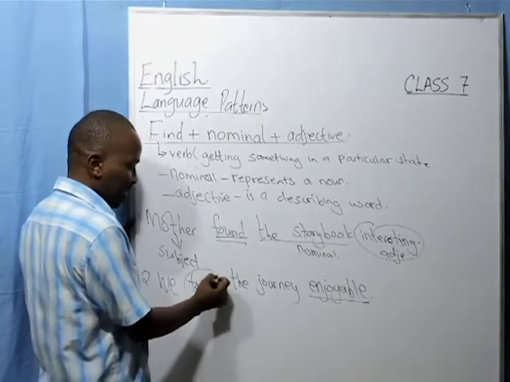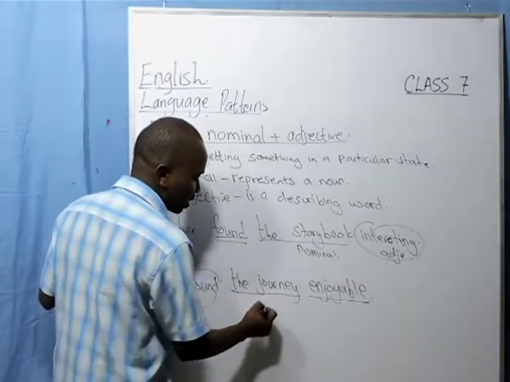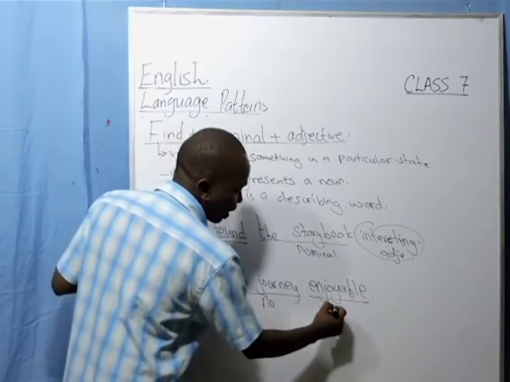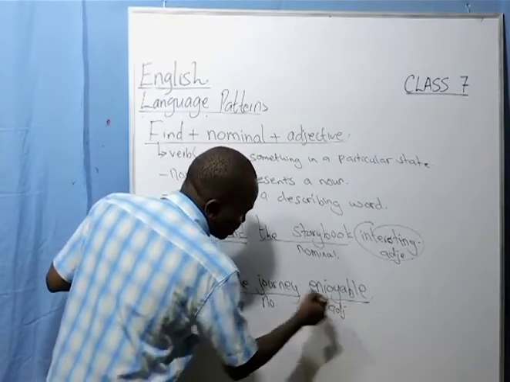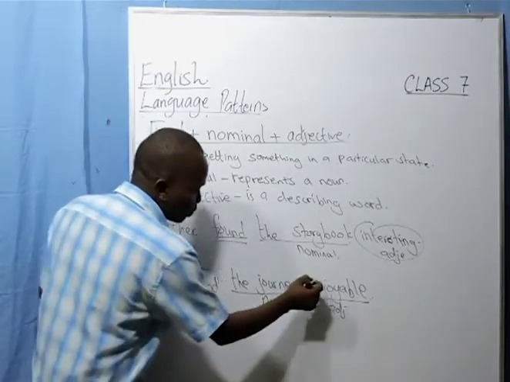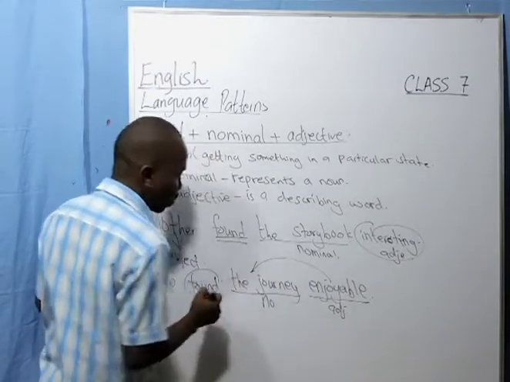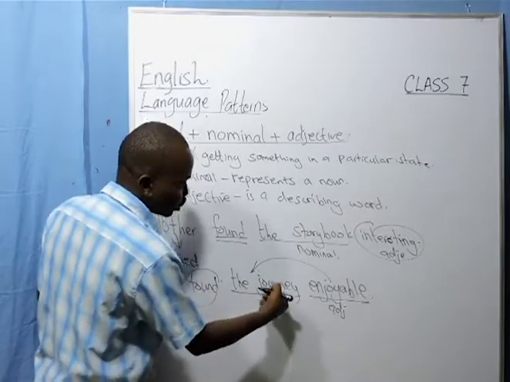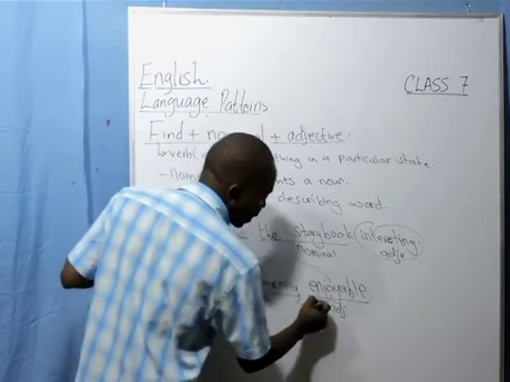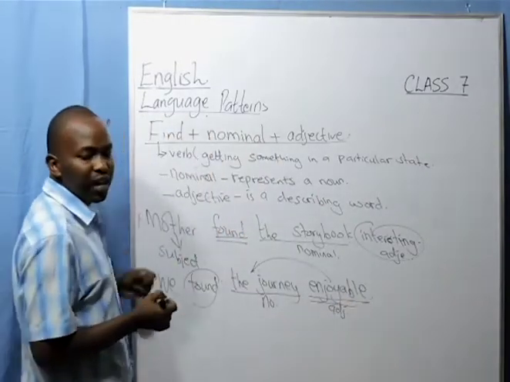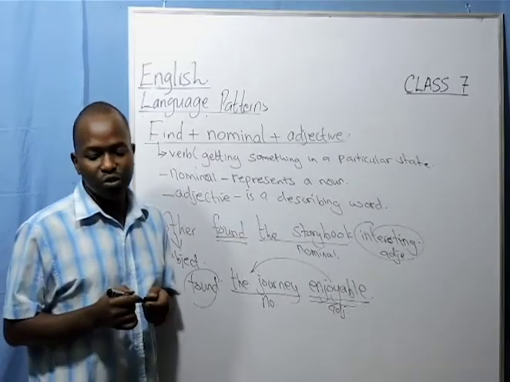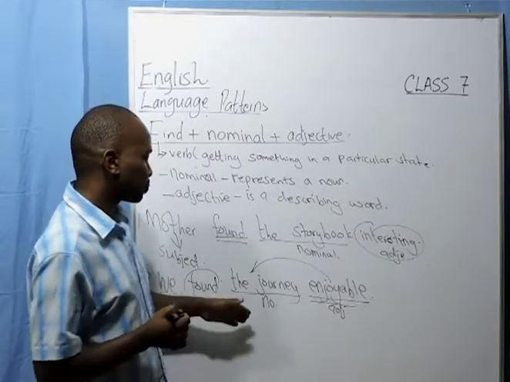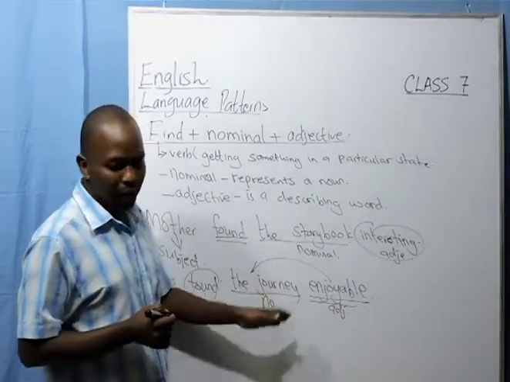So, the word find, the nominal, there it is, and then the adjective that is describing this journey. We can put this word here at the front and say enjoyable, the enjoyable journey. And therefore, the word enjoyable has been used as an adjective to describe that journey in our sentence.